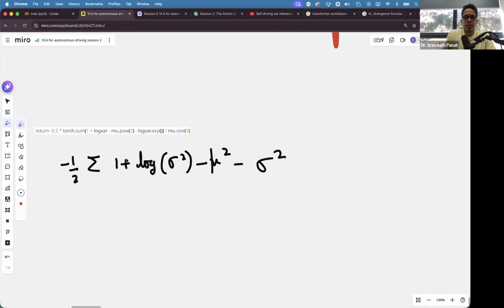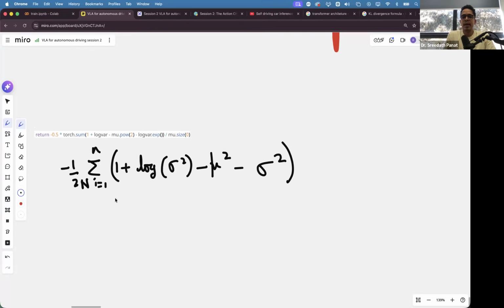Then I think this whole thing should be divided by the total number of items, so 1 by n, where i equals 1 to n. So you can have a formula like this, which will help you with calculating the KL divergence between two distributions.